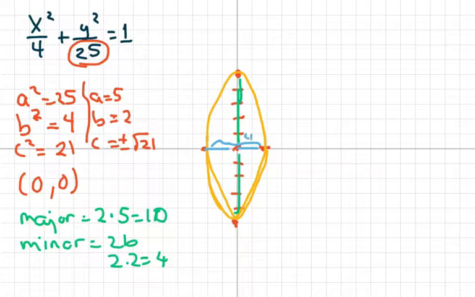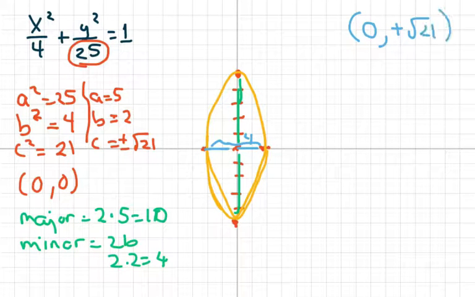Now, I had to find the foci. Well, the foci, we already found it here. It always is on the major axis. So my foci is going to be 0, it's on my y, plus the square root of 21, and 0 minus the square root of 21.